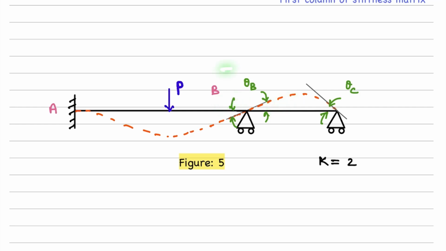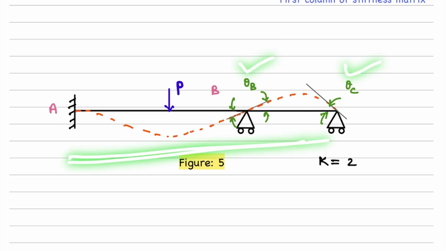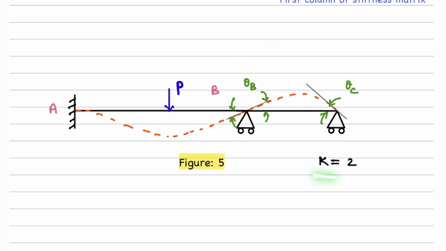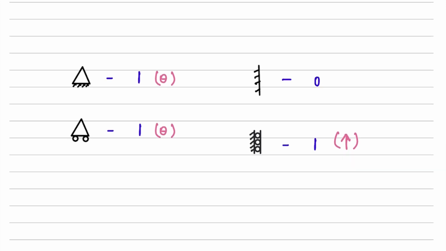Rather, you can see that both are marked here as theta B. So this has to be borne in our mind, right? Whenever we have an intermediate support, the rotation just to its left and just to its right should be the same to maintain the compatibility requirements. Therefore, in this case, we just require theta B and theta C to get this complete displaced profile, and hence we say the kinematic indeterminacy is 2 for this particular beam.